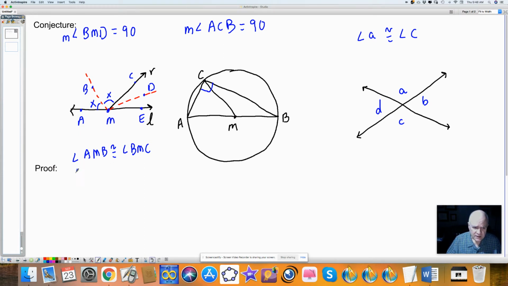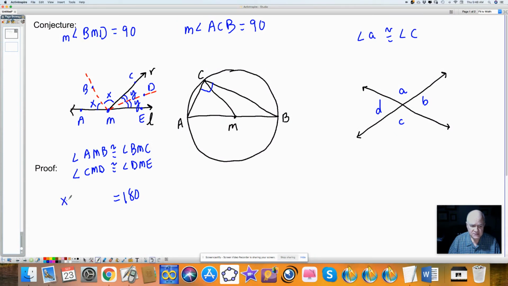We can also say that angle CMD is congruent to angle DME. And why is that? Well, because ray DM was defined as an angle bisector. And I'll use two arcs here to show that these are the same. And I'll call this Y. So to do my proof, one way to do this is to show that they all sum to 180.